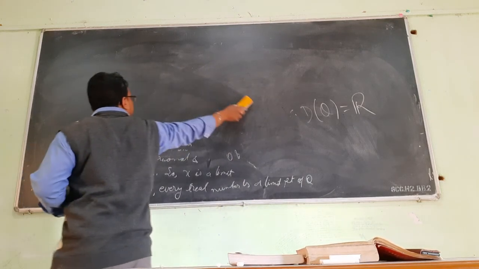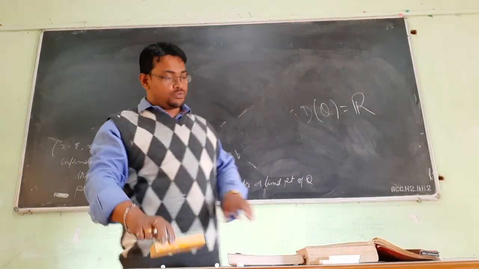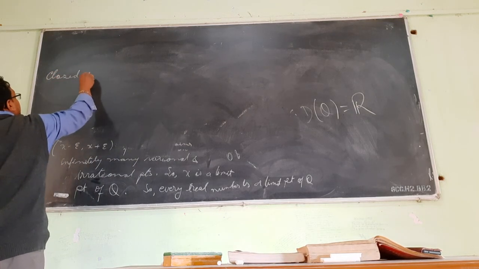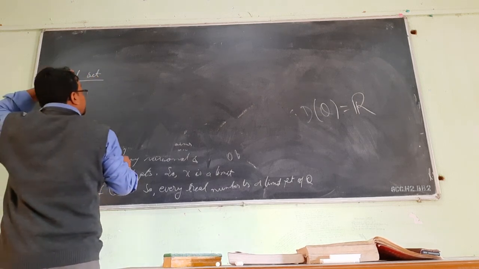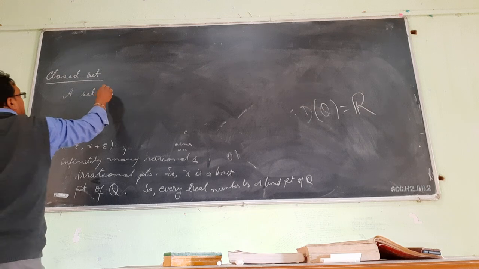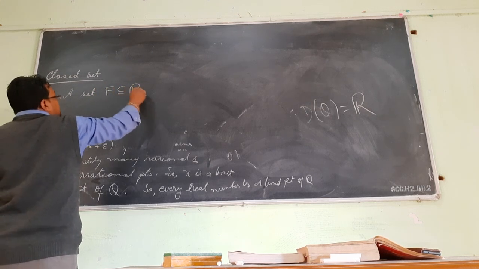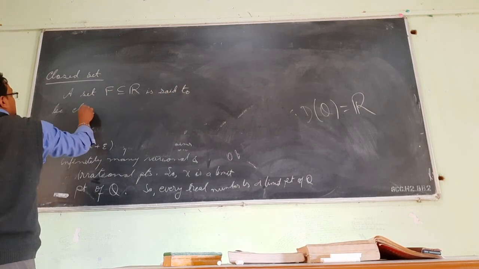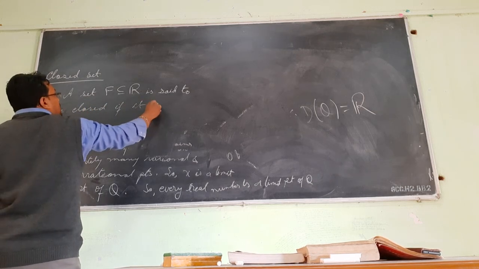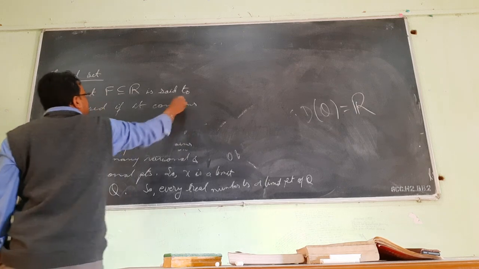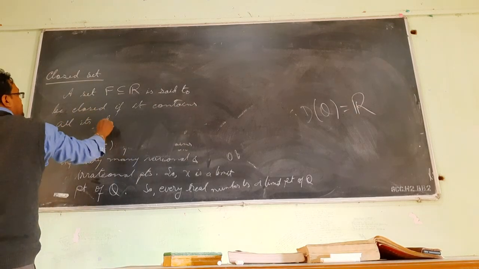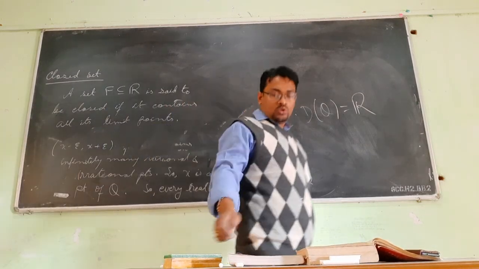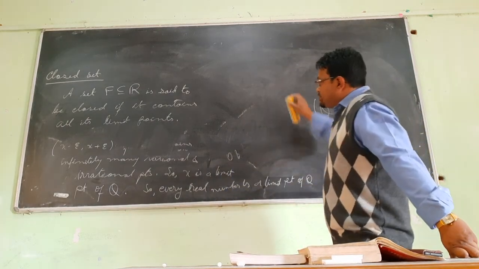Next is how to define a closed set. The set F, a subset of R, is said to be closed if it contains all its limit points.